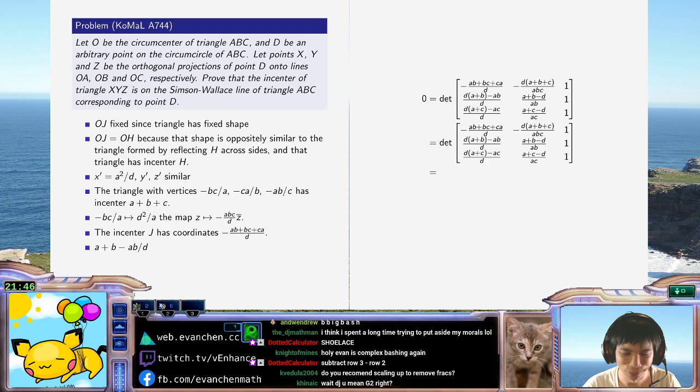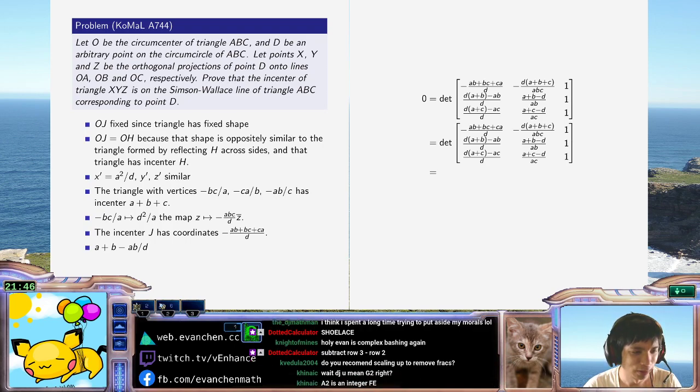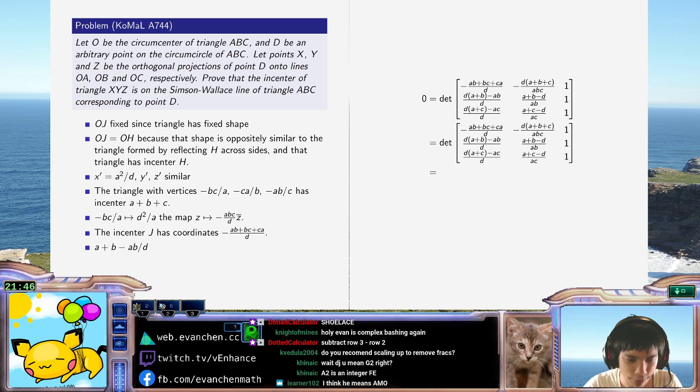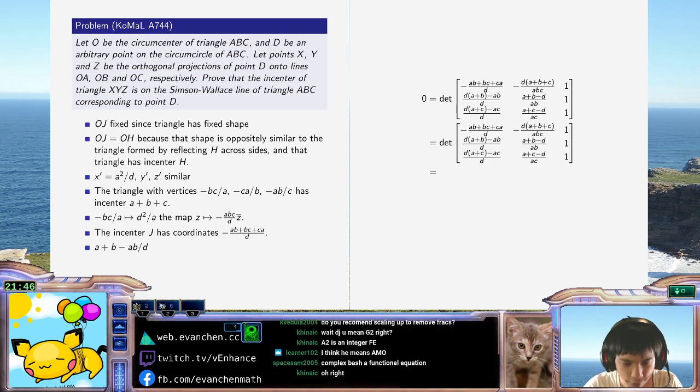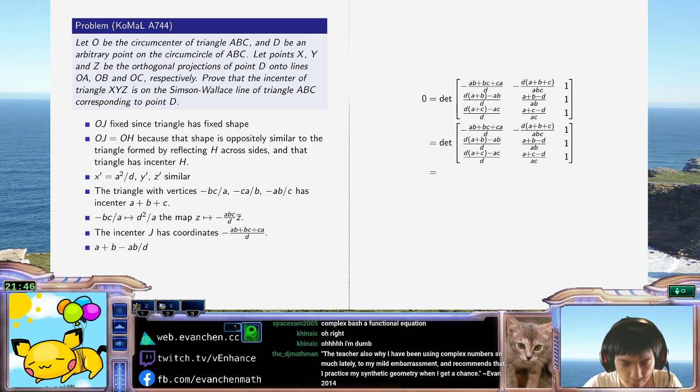Oh no, I actually don't really want to subtract. Yeah, let's get rid of all the fractions first. I think that's a good place to start. So there's a factor of D that just goes away from the first column. And for the others, I guess I multiply by ABC, right? So this becomes C, A plus B minus D. This becomes B, A plus C minus D.